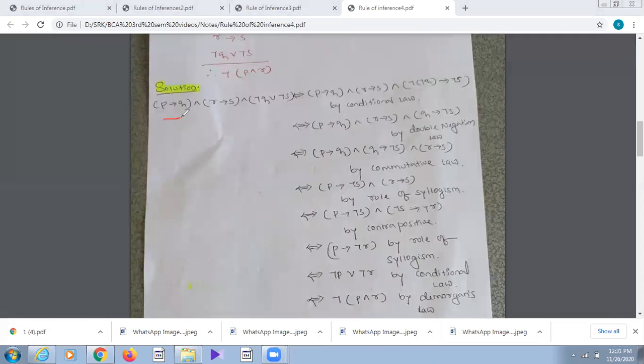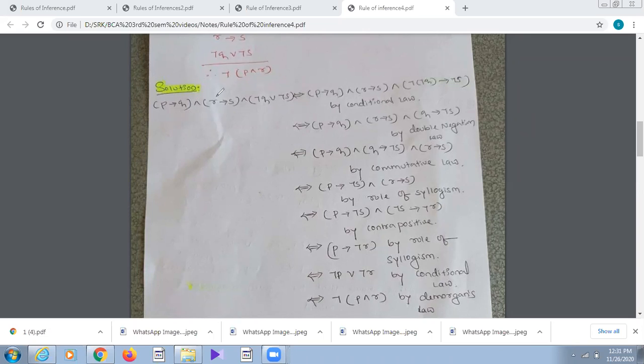Take P conditional Q, that is the first premise, in between conjunction R conditional S, that is the second premise, conjunction negation Q disjunction negation S. We have to solve this whole set of premises, and by solving that we will get the conclusion.